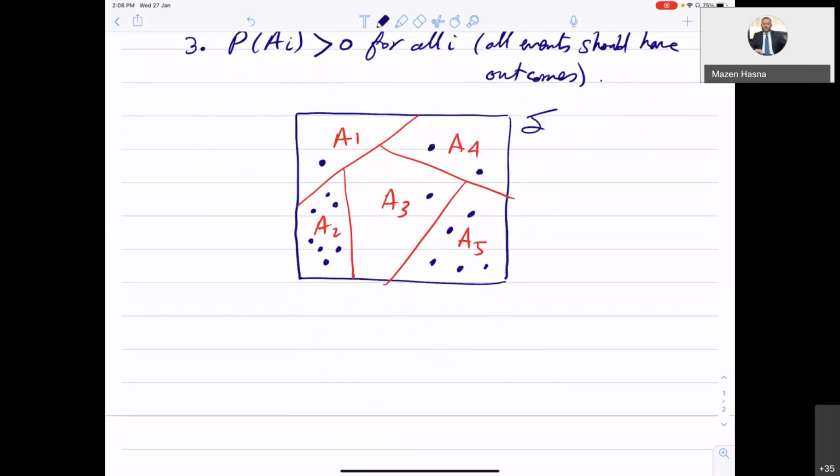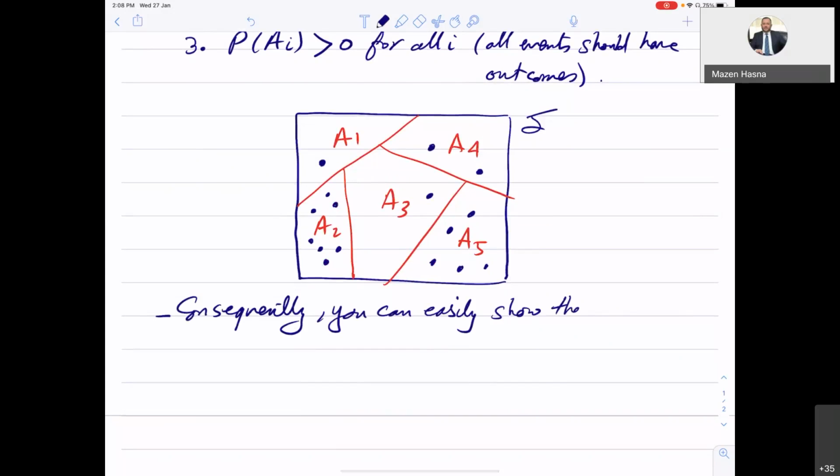And consequently, you can easily show that for any event A such that probability of A greater than 0, then A and A dash form a partition.